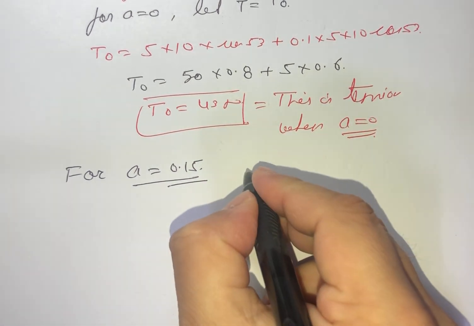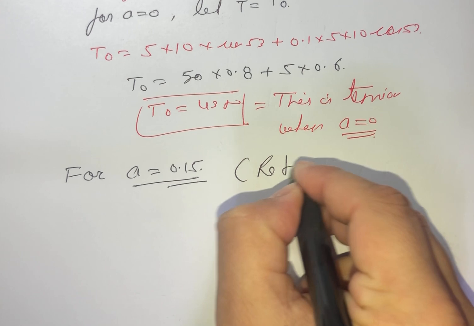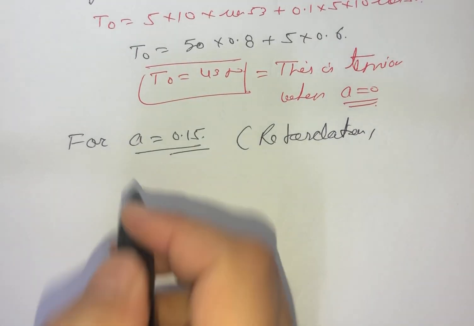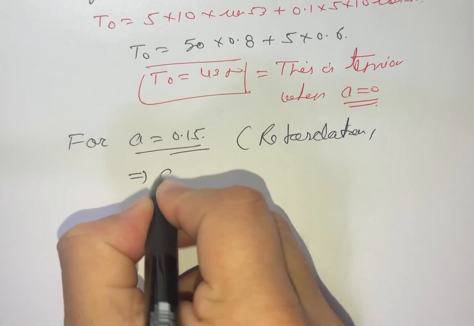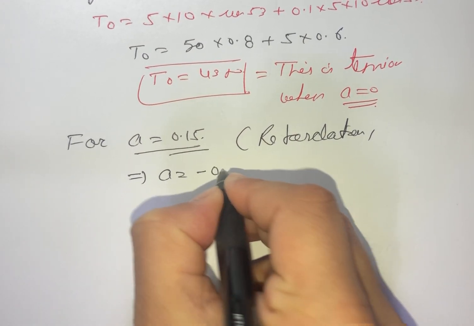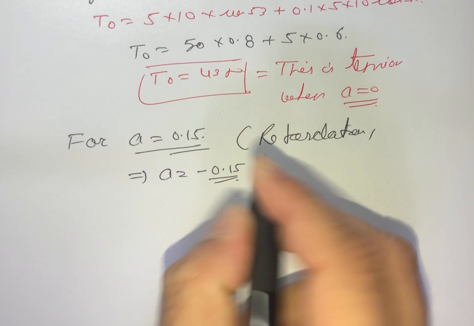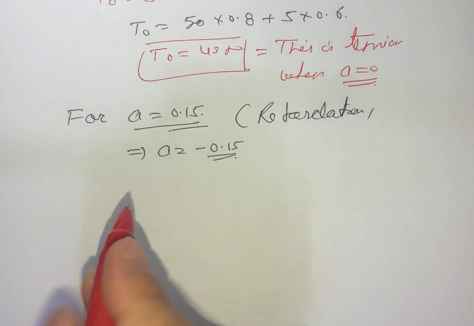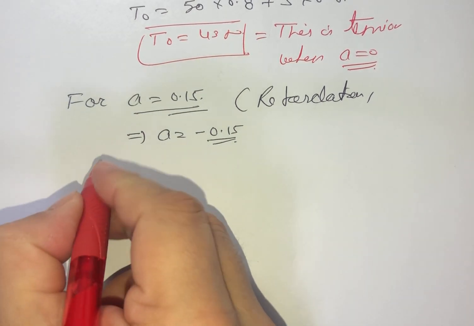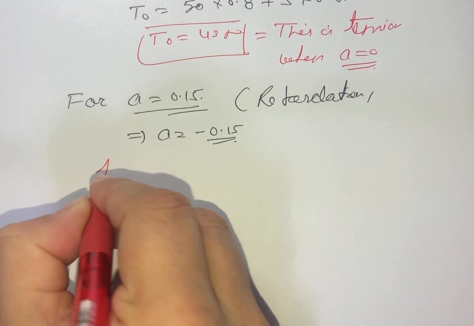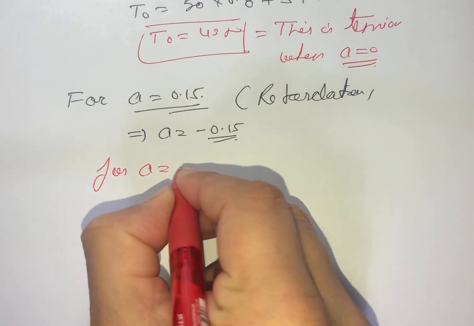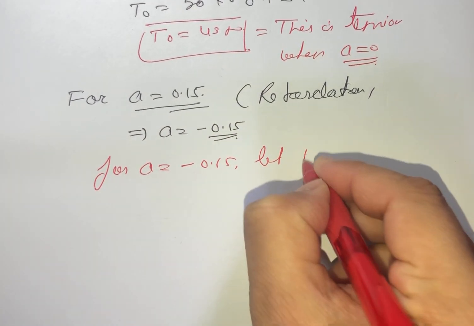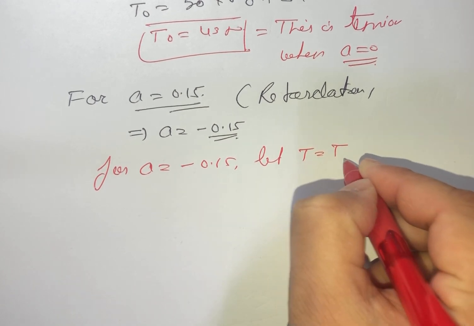Therefore A is equal to minus 0.15. Once again using the equation, you can directly say that for A is equal to minus 0.15, let T is equal to T 0.15.